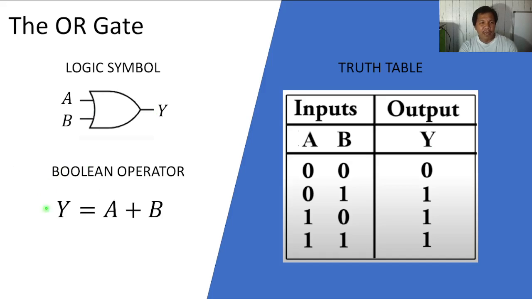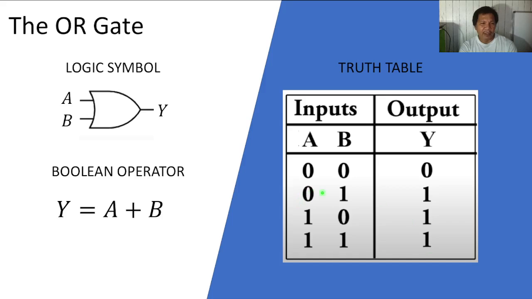Okay, so we have here the Boolean operator A plus B. Take note of the Boolean operator or the function of the OR gate. That is just adding two inputs. Okay, also A plus B: 0 plus 0 is 0, 0 plus 1 is 1, 1 plus 0 is 1, 1 plus 1 is equal to 1. That's the property of the OR gate.